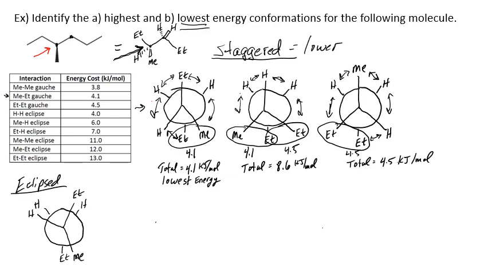All right, let's do the next one. We're going to keep the back the same, and I'm just going to rotate 60 degrees. And I end up with my next eclipsing interaction.